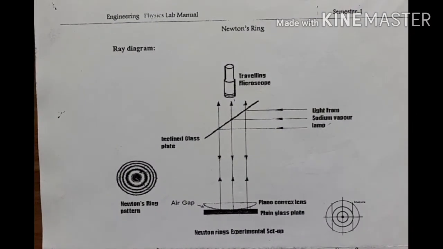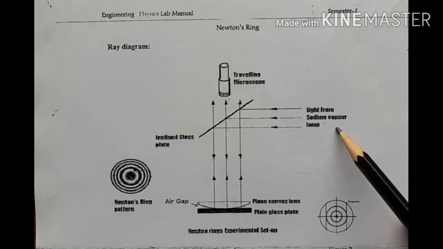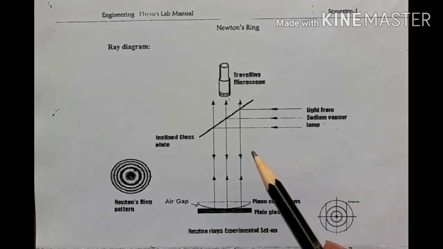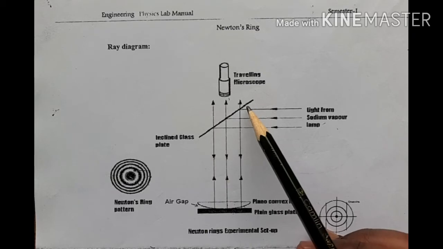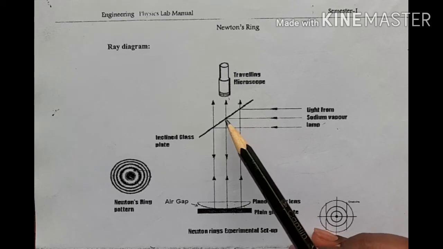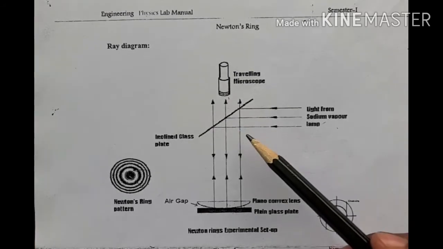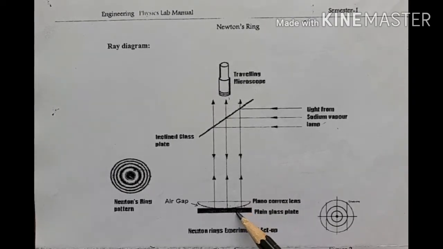This is the schematic diagram of the experimental setup. Here we have the light source from the sodium vapor lamp, which is allowed to be incident on a plane glass plate inclined at 45 degrees, and when light falls on this glass plate, the light falls on this arrangement. Here we have the plano-convex lens and the plane glass.